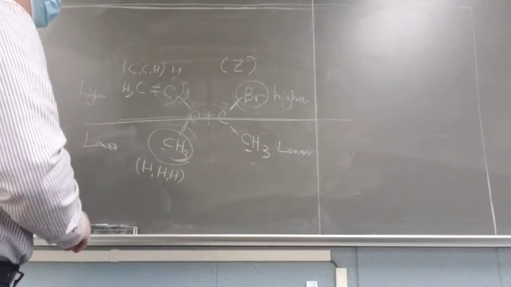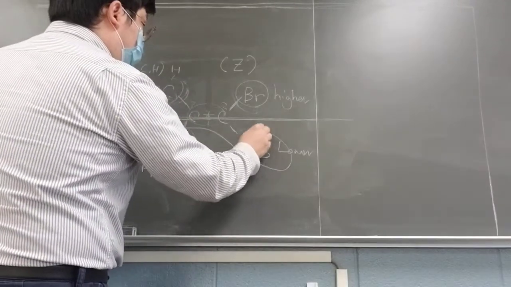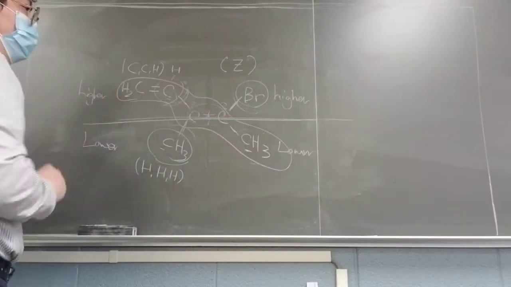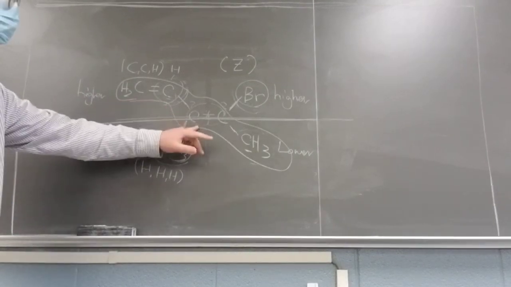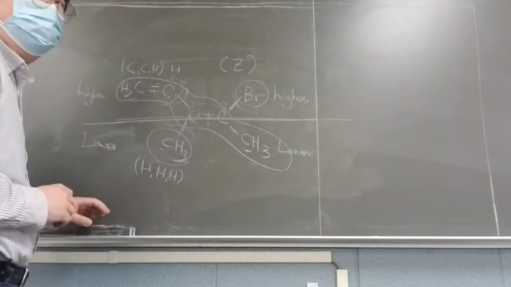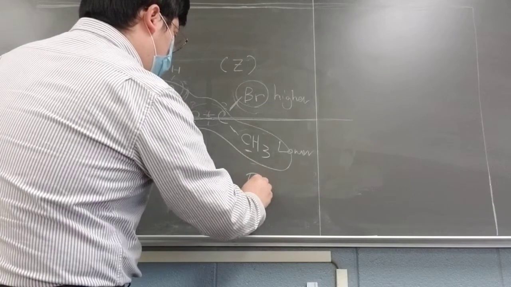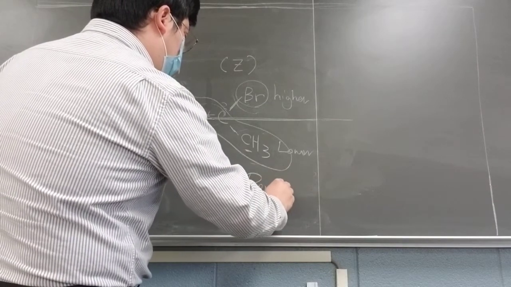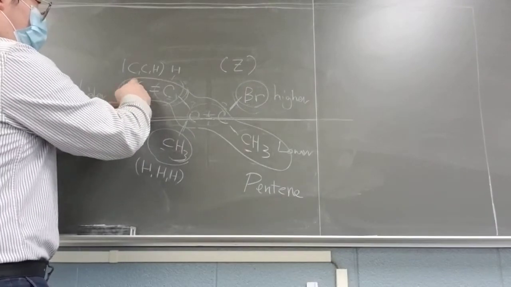Okay. So then this will be what? This is the longest carbon chain you can find, including two double bonds over here. Okay, two double bonds over here, and then this will be pent, right? Pentene. But you have 1 and 2.